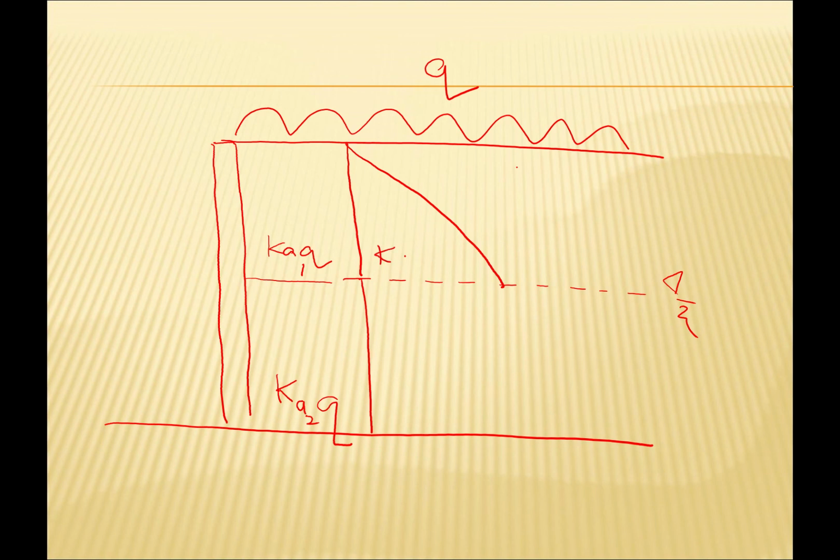What you will write there will be KA1 gamma 1 H1, and then you transfer that load down. You transfer the load KA1 gamma 1 H1, because it is now at layer 2, so you are using KA2.